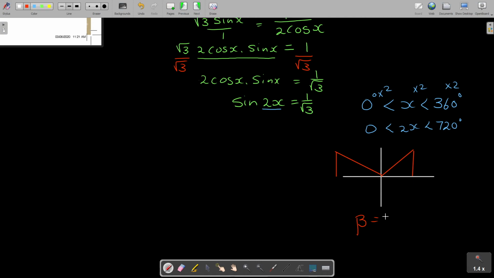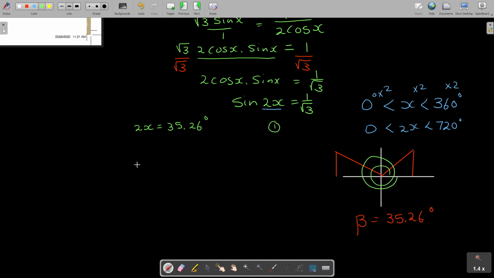And I get, to 2 decimal places, 35.26 degrees. Now remember, this graph is going on 1, 2, due to 720. So I say the first angle 2x is just that in quadrant 1, 35.26 degrees.